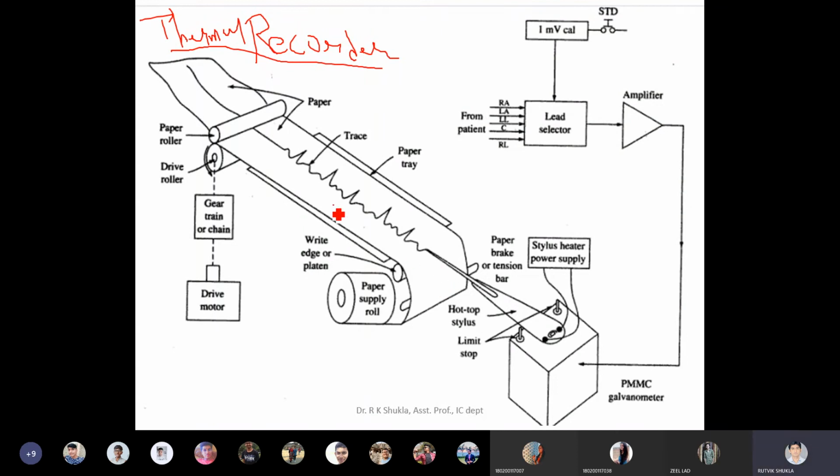Thermal recorder means here this paper, this paper is called heat sensitive paper. It's not like a normal paper. And this stylus, this is called stylus. Stylus is called heated stylus.